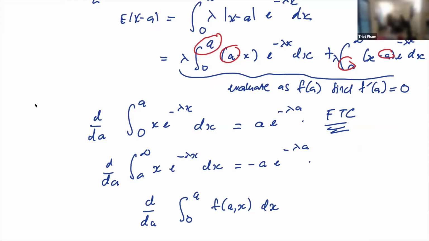So the point is that A appears in the integrand and also in the limit of integration. What can we do? Well, the idea is to do it like the fundamental theorem of calculus, meaning plug A into the integrand where x is, but also differentiate the integrand with respect to A, meaning that you move the differentiation inside the integral.